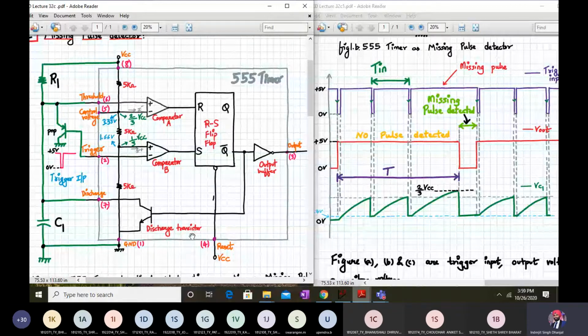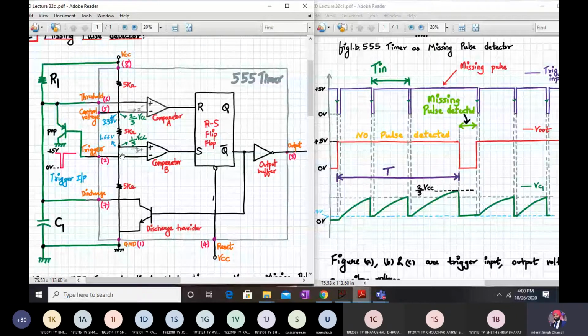Correct or no? Hello? Are you all following? So what will happen? My capacitor will instantly discharge. Why? Because the trigger input has gone low, and whenever the trigger input goes low, the comparator B output immediately goes high, right? So the set input becomes 1.